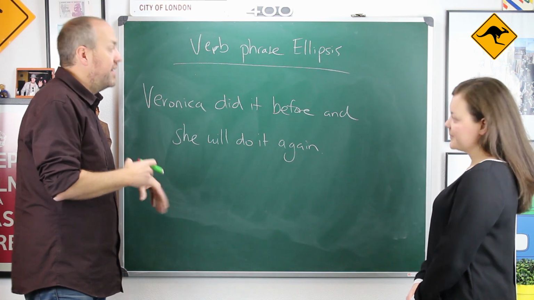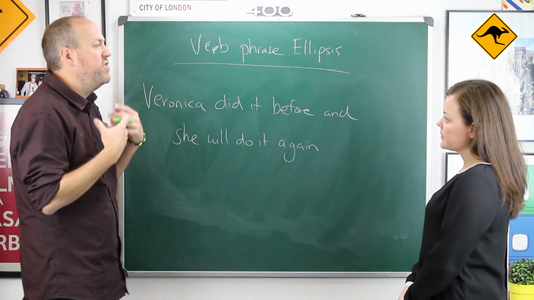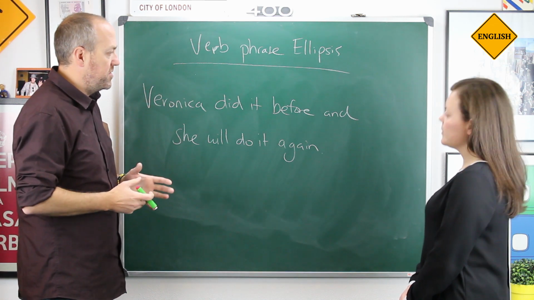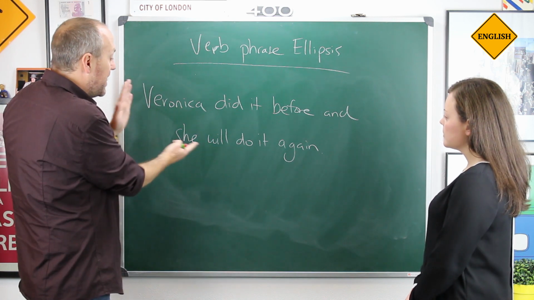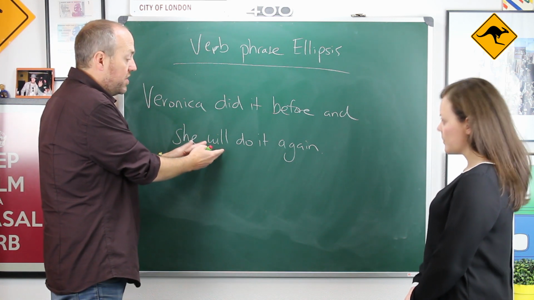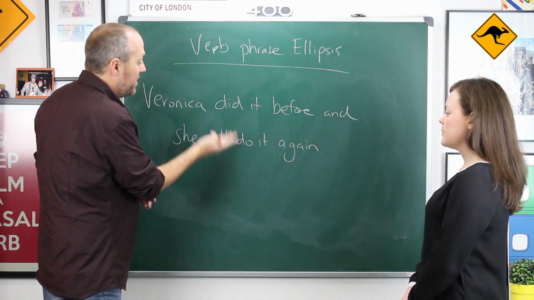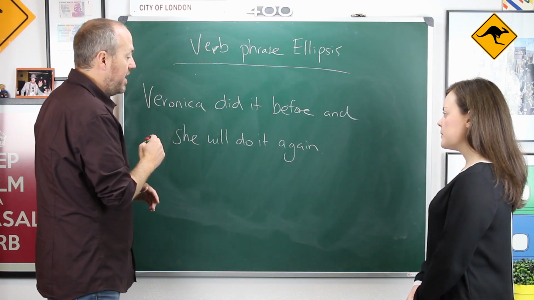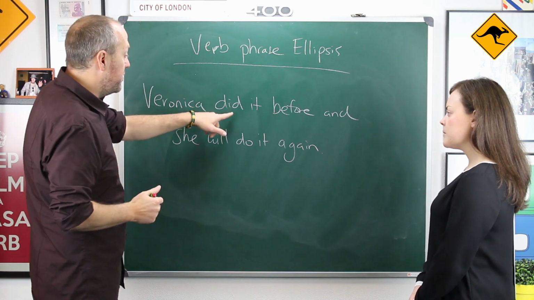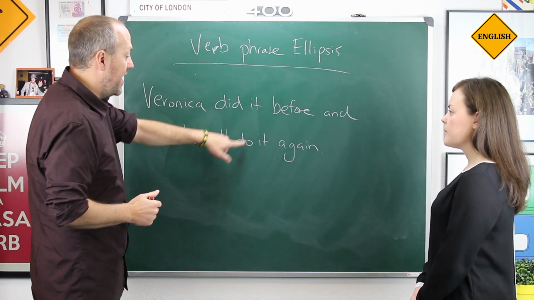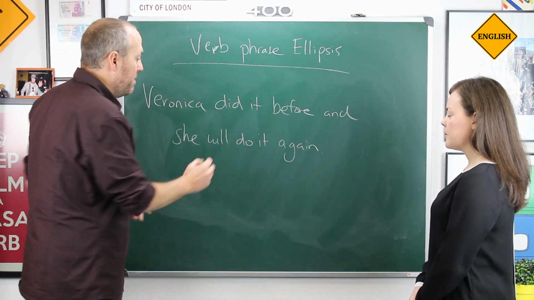This example here shows a more natural type of verb phrase ellipsis, okay? Because you can see here that the auxiliary "will" only exists in the second part of the sentence. It doesn't exist here, okay? But the "do" and the "it" are the same, so we can eliminate them.